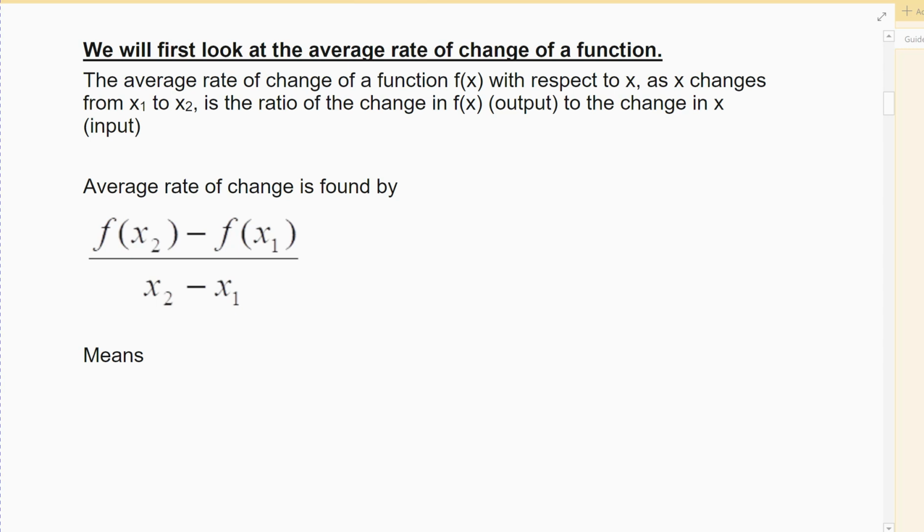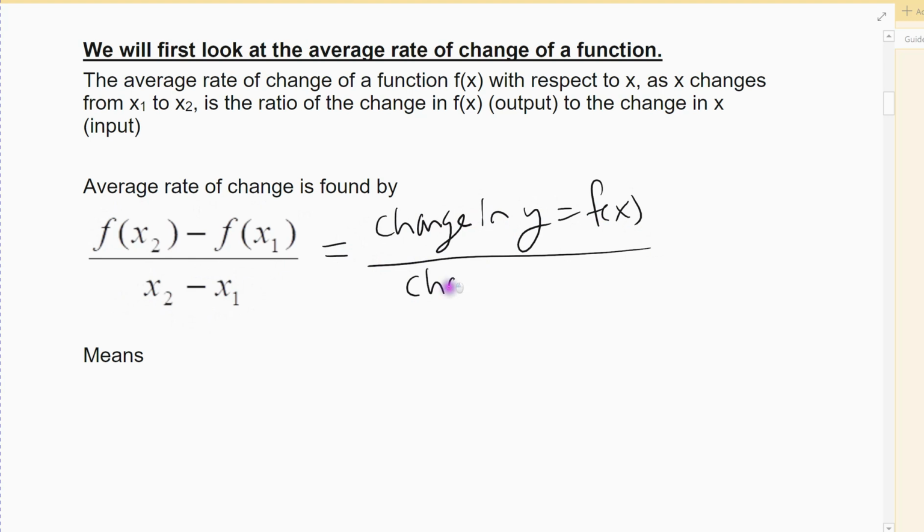It's a slope. It's the change in y over the change in x, right? This would be the change in the function, which is the y values, divided by the change in x. Ergo, it is a slope.